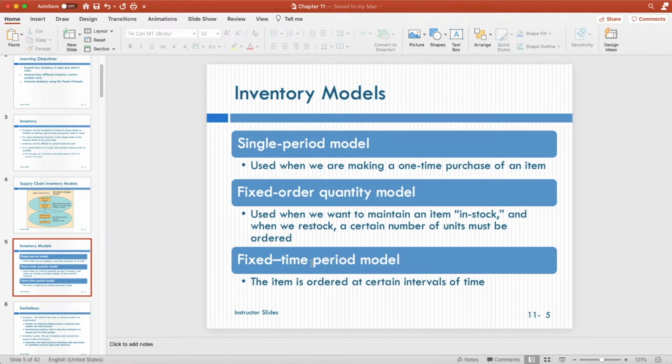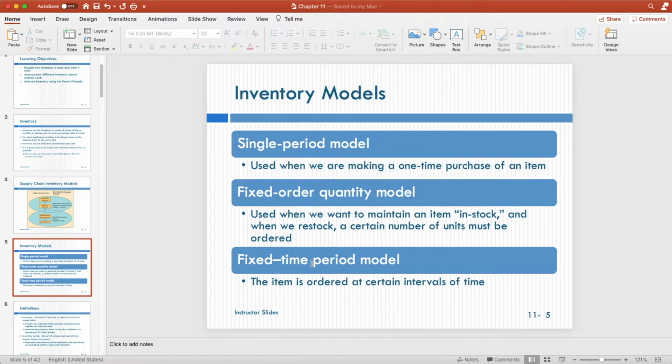You may wonder what the key difference is between the single period model and the multi-period model. The difference is very straightforward, very simple. If we are talking about an inventory model that orders certain products only once, then we are talking about the single period model.